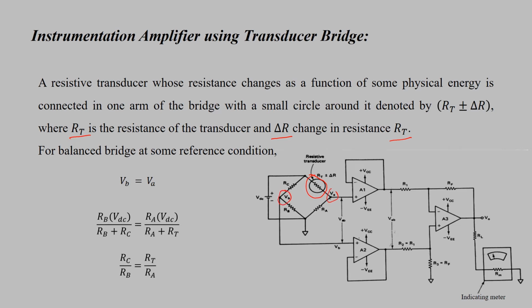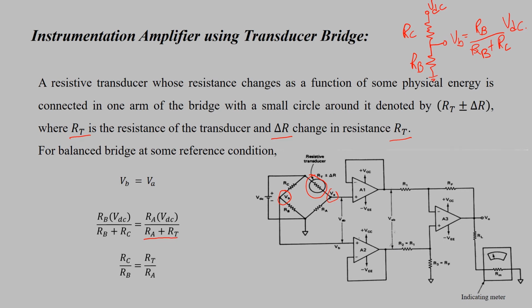To calculate VB we use a voltage divider network where the resistances RB and RC are connected as shown, and we can calculate VB as RB over RB plus RC times VDC. Similarly, using the other arm under balance, we can calculate VA as RA over RA plus RT times VDC.